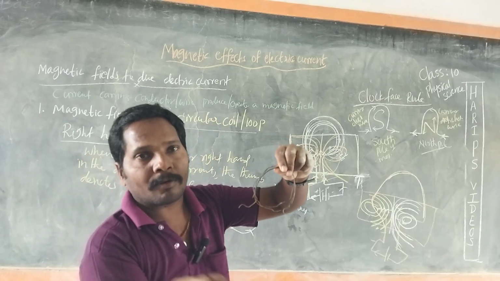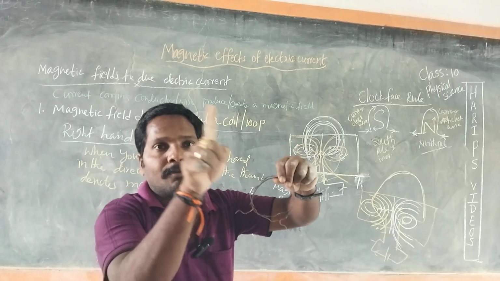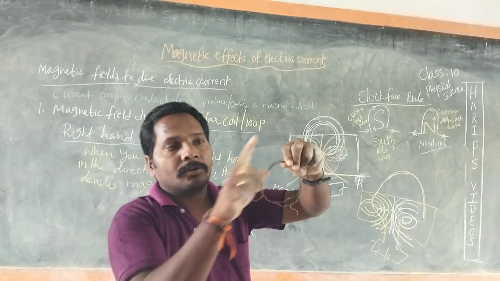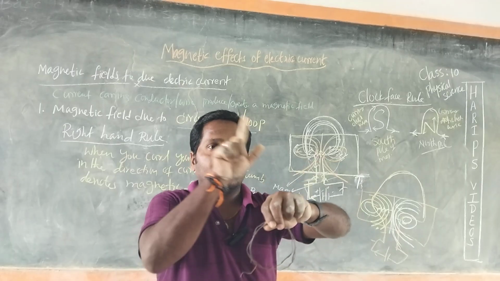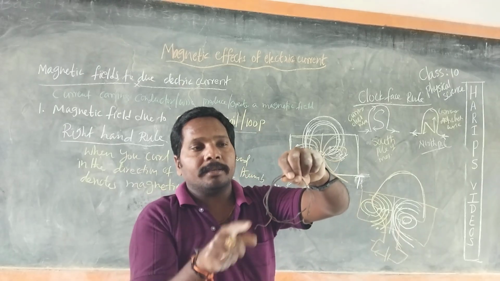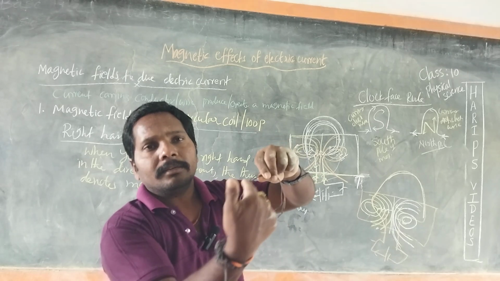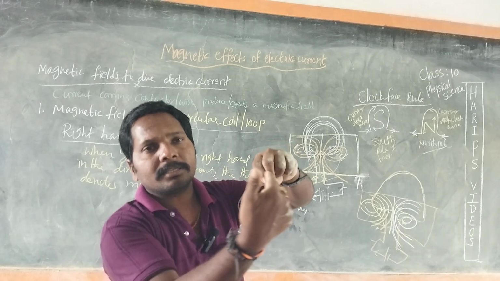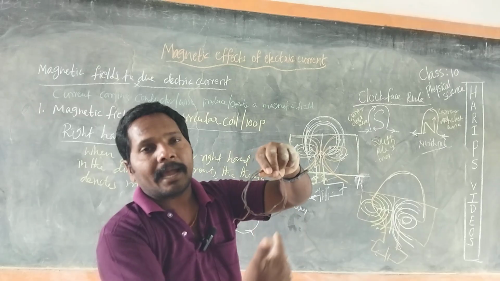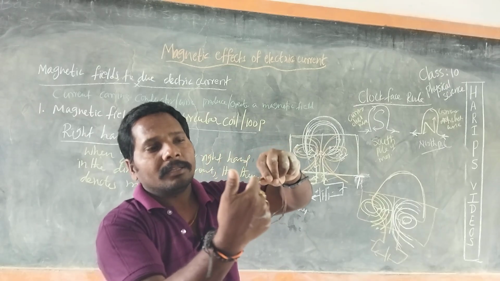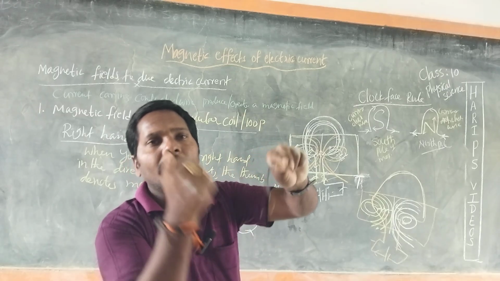This is the clockwise, this is the anti-clockwise, right? So if the current is in a clockwise direction, then this represents the south. If the current is in anti-clockwise direction, this is the north pole of a magnet.